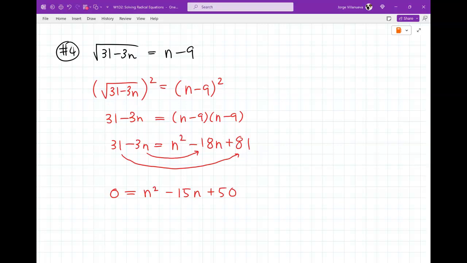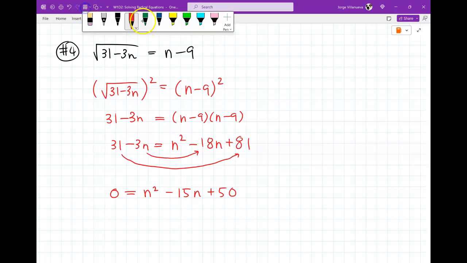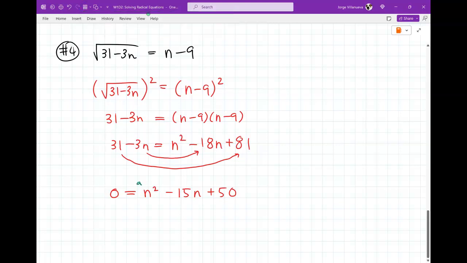Okay? So let me write my ABCs here. I know A is 1, B is negative 15, C is 50. So this is going to be 50, negative 15. What are my two numbers? Negative 10, thank you, and negative 5. So these are good.